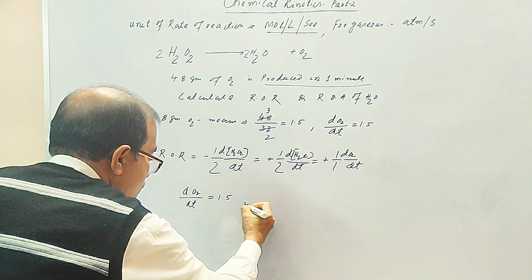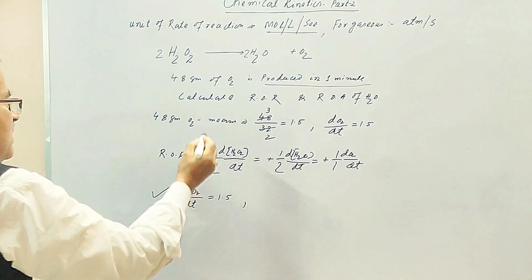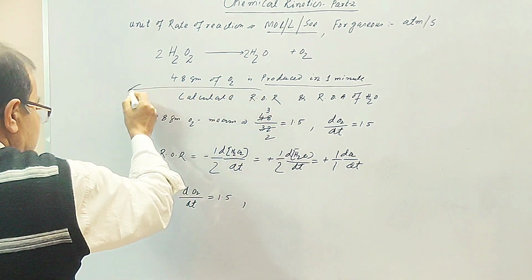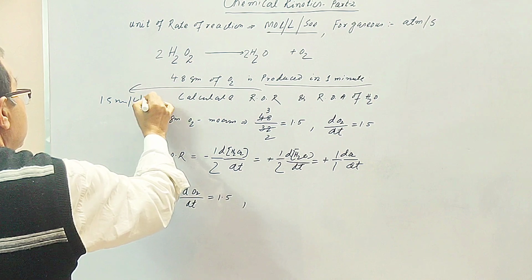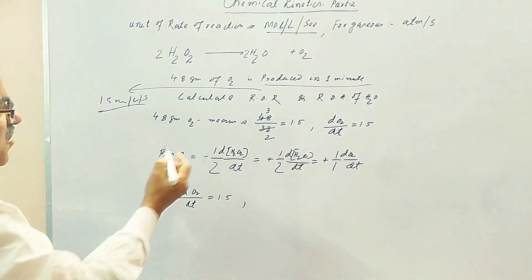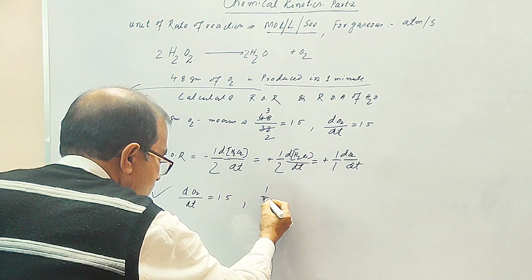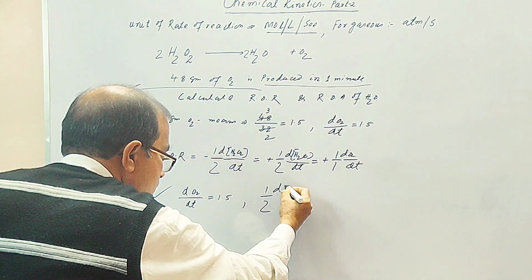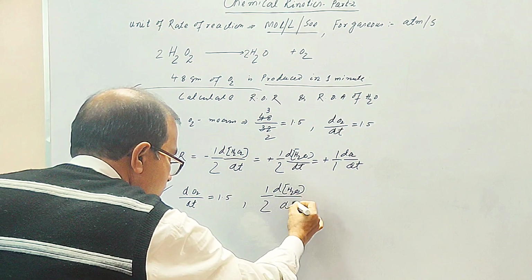Right? So we have to calculate ROR. ROR we calculate is 1.5 mole per liter per second, and ROA of H2O, that will be coming around 1 by 2 into d of H2O by dt.